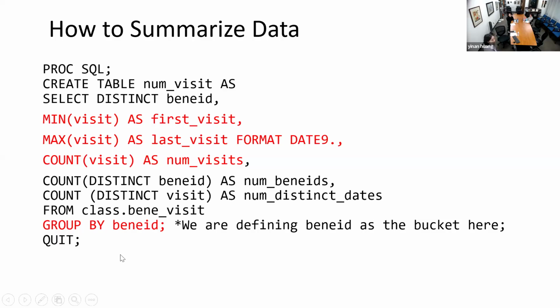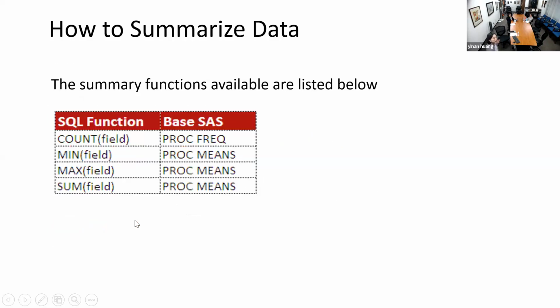In this language, we can consider the event level data, the different patient IDs, as buckets. So the group by is the bucket variable here. What we have is patient ID.